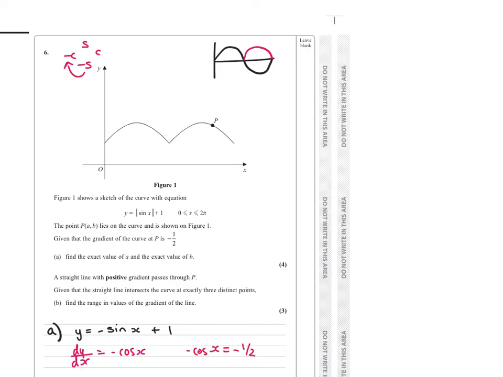So that means that cos of x equals a half. When does cos of x equal a half? So that means that x equals pi over 3. Okay, that's perfect. That doesn't mean that's our x-coordinate. Why does it not mean that?